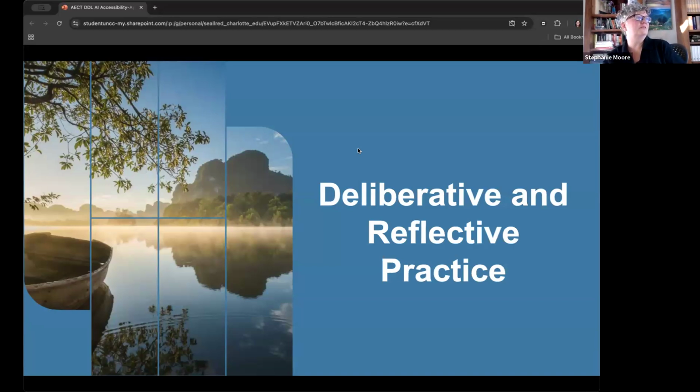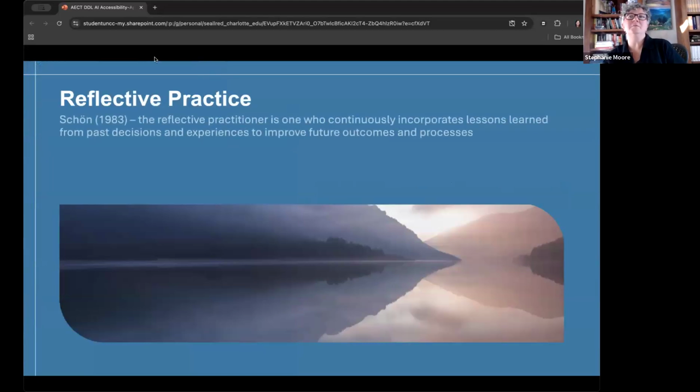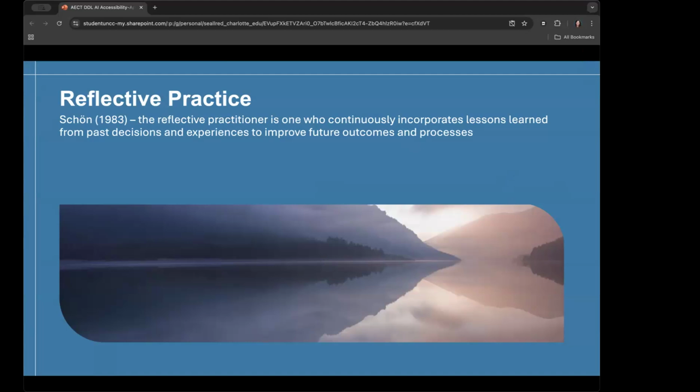So let's go ahead to the next slide, Beth. Reflective practice is, of course, drawing heavily from Schoen, who wrote in 1983. He has a book, The Reflective Practitioner, if you're not familiar with it, a fantastic book where he talks about different types of reflection that practitioners engage in. In particular, he talked about reflection in action and reflection on action, which is after the fact.